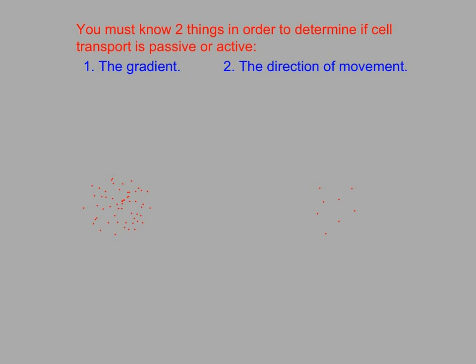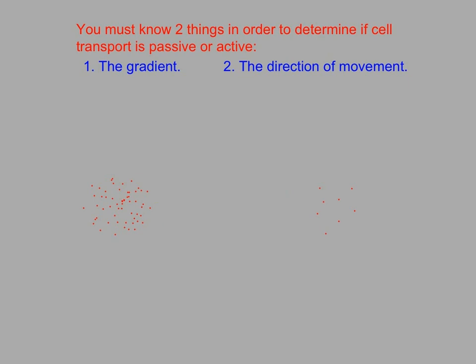So let's start with just a little bit of background vocab as well with regard to gradient. You want to note that if the particles are moving from the high concentration toward the low concentration, that's going to be described as moving with the gradient, and it sometimes can be called going down the gradient.